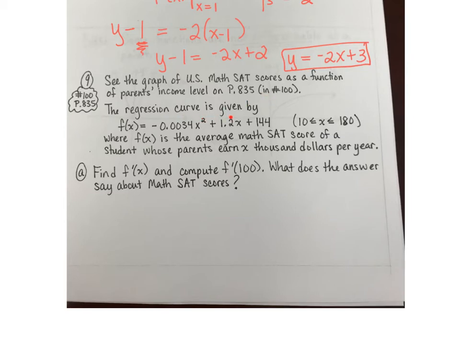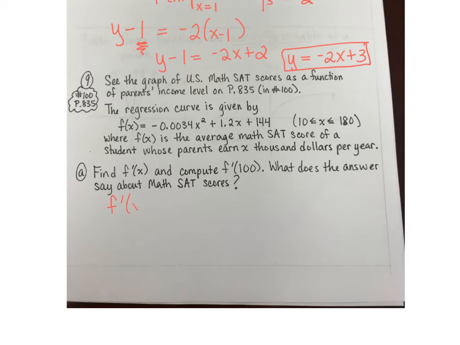The regression curve is given by f of x equals negative 0.0034x squared plus 1.2x plus 144, where f of x is the average math SAT score of a student whose parents earn x thousand dollars per year. Find the derivative of f of x and compute f prime of 100. What does the answer say about math SAT scores? All right, let's go for it.